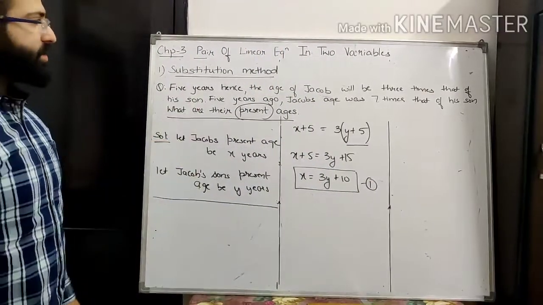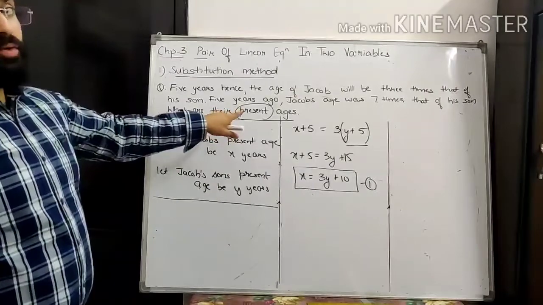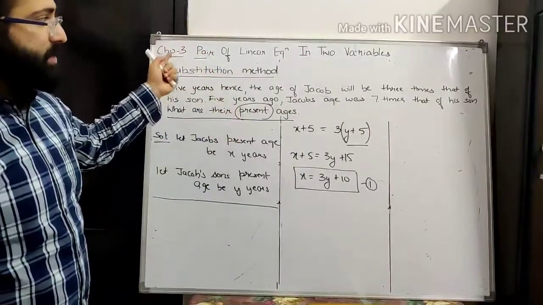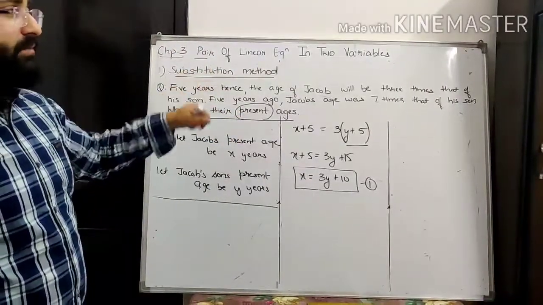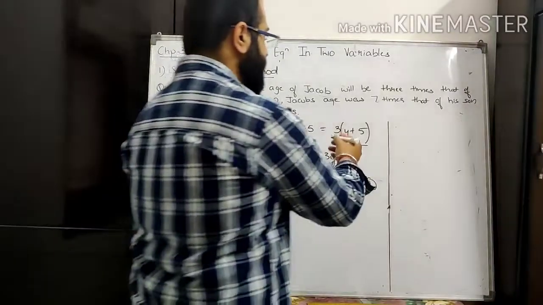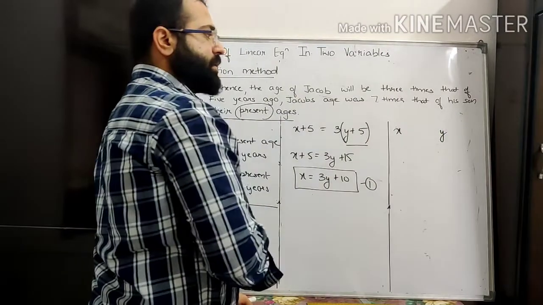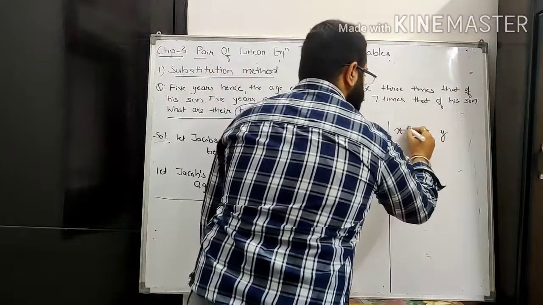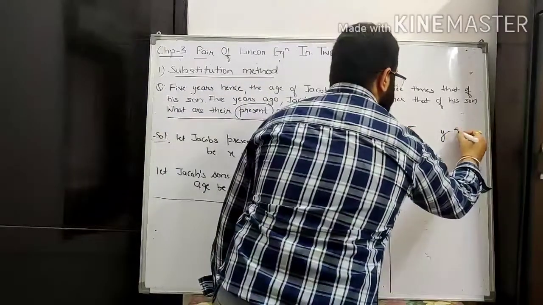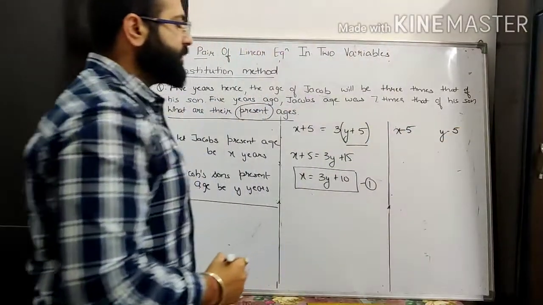Now we'll make the second equation. They say 5 years ago, which is regarding the past, Jacob's age was 7 times that of his son. 5 years ago means we need to subtract 5 from both sides.